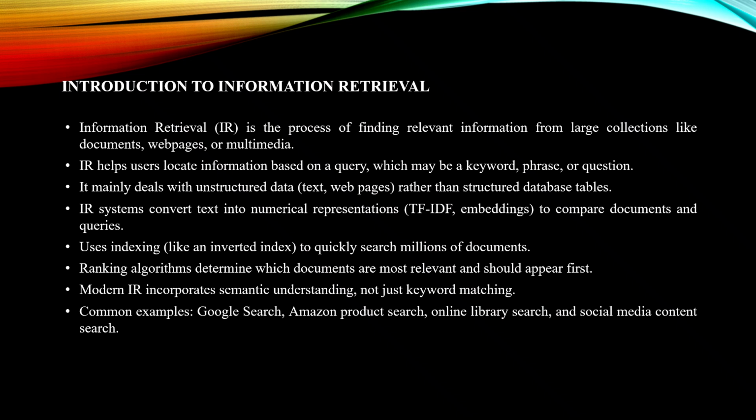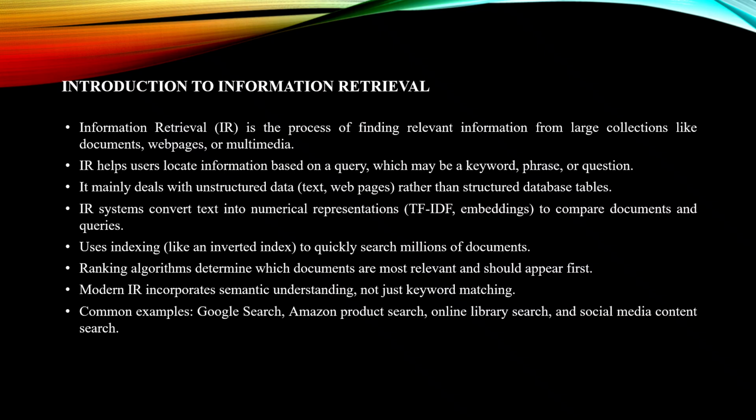Traditionally, IR relied on keyword based models such as TF-IDF or BM25, which ranked documents by word frequency. But these models ignored context. They couldn't distinguish between apple, the fruit, or Apple, the company. That's where machine learning started to make a very big difference.